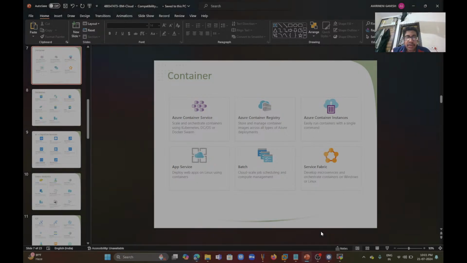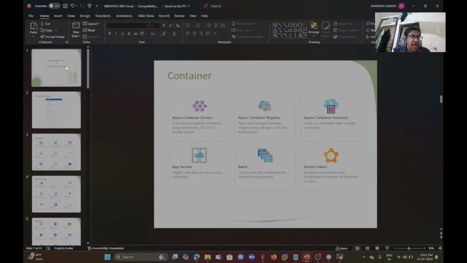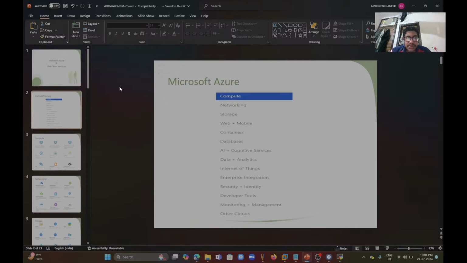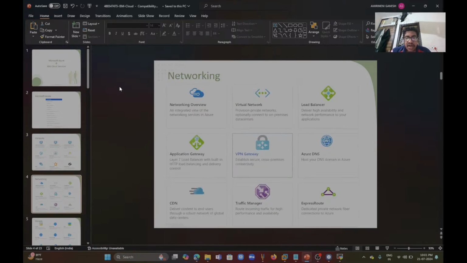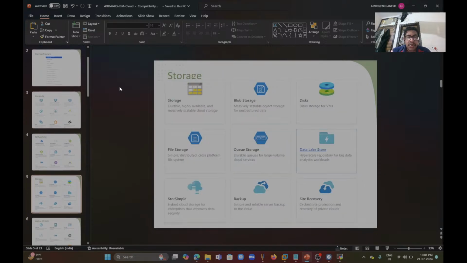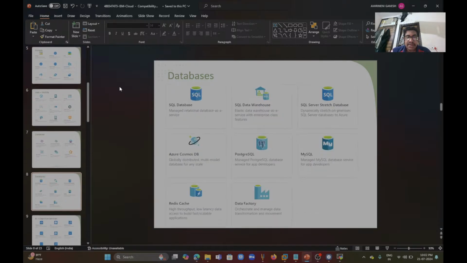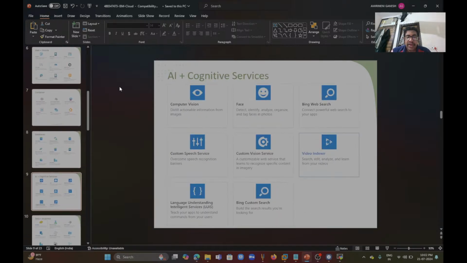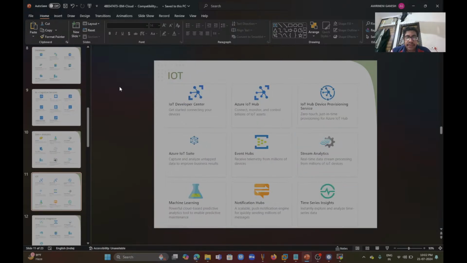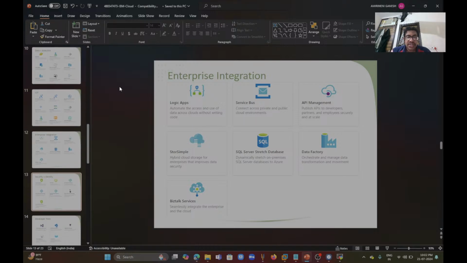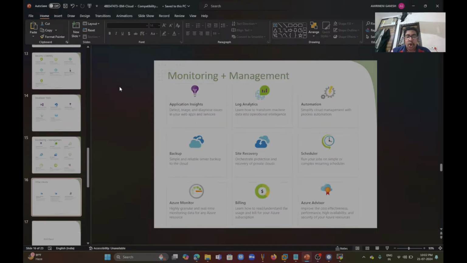Okay, this is the container, IOPS, web apps, app services, functions, traffic manager, CDN, store simple, mobile engagement, batch apps, containers, databases. For mobile, we are using an SQLite database, data factory, notification hub, digital services, Azure Dev Test Labs, log analysis.